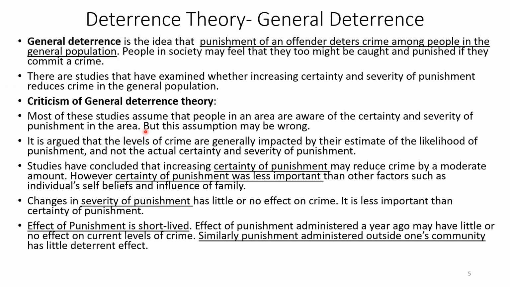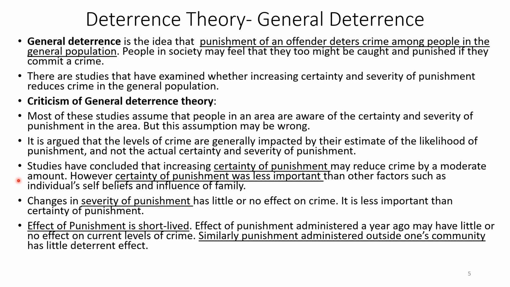This assumption may be wrong, as people may not have a clear idea of the levels of certainty and severity of punishment in the community that they live in. It is more an individual's perception of severity and certainty that impacts individual propensity to commit crimes than the actual levels of severity and certainty of punishment.